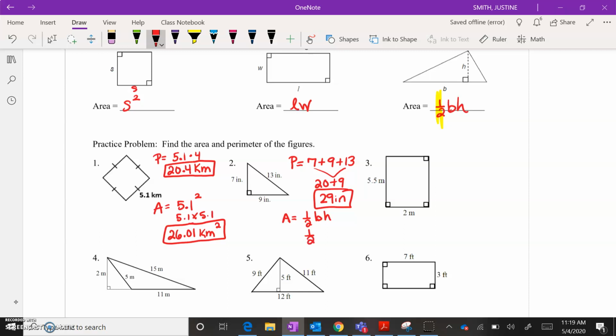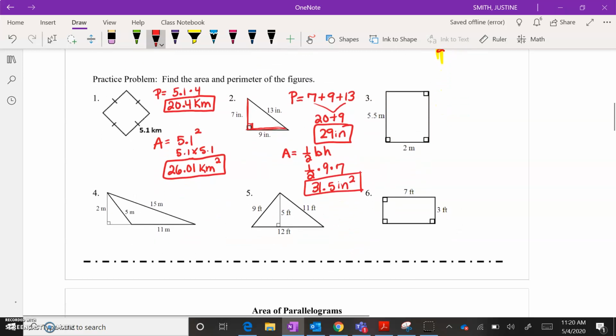So 1/2 the base, which is the 9 here. And for the height, make sure you know that the height forms a 90-degree angle with the base. So the height is 7. Make sure you don't use 13 as your height. So you just do 1/2 times 9 times 7, and that's going to give you 31.5 inches squared, since we're talking about area.